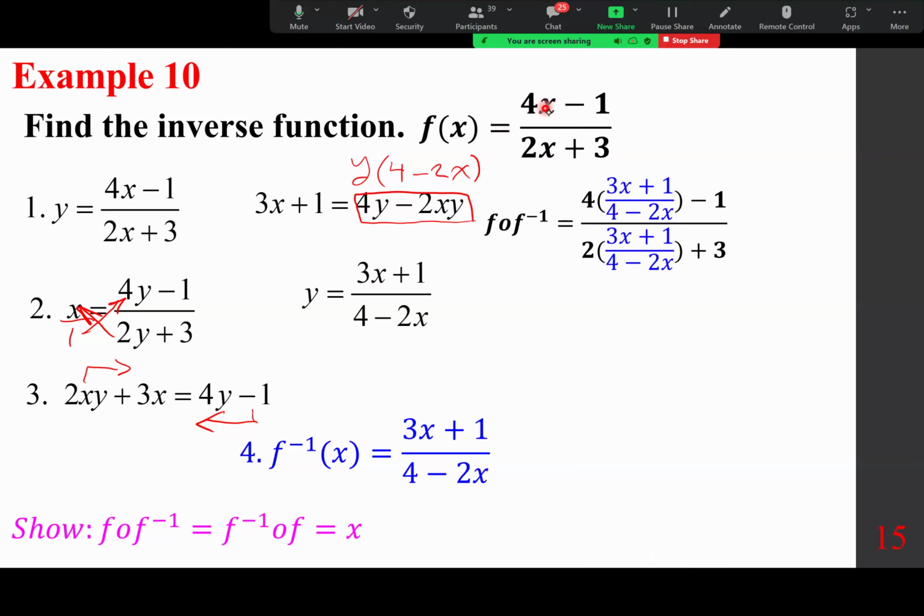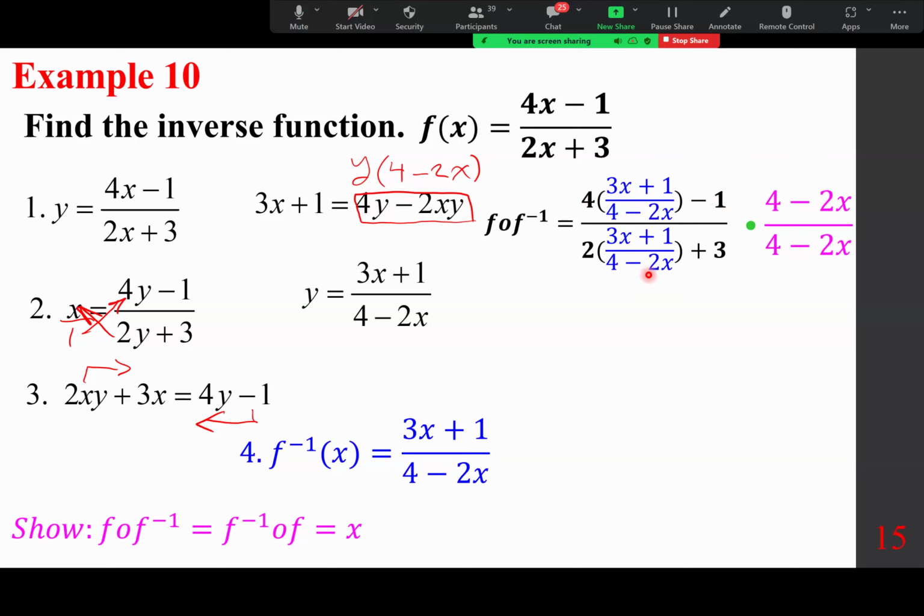This is a complex fraction. The fastest and easiest way to simplify a complex fraction is to multiply by the LCD. There is only one fraction at top and one fraction at the bottom. So multiply the top and the bottom by 4 minus 2x. So what happens? When you multiply these two, the denominator cancels out. You get 4 times 3x plus 1. When you multiply these two, minus 1 times 4 minus 2x.